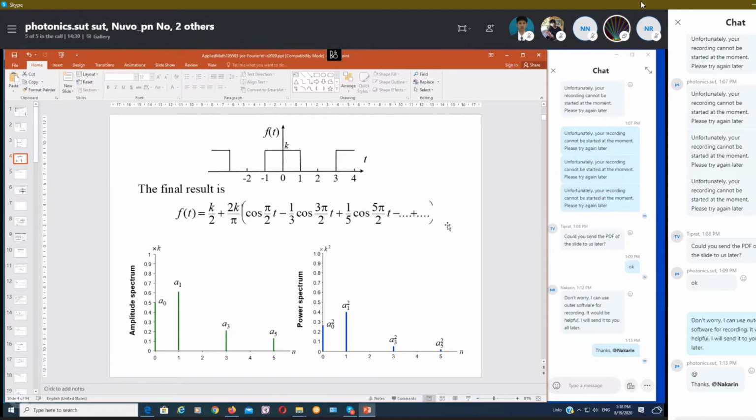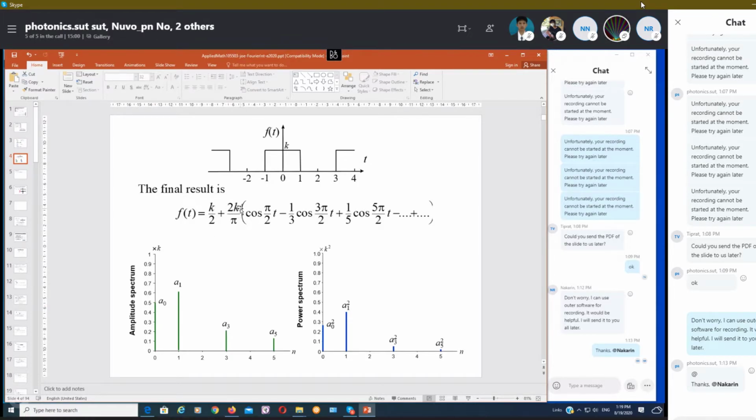When you plot the amplitude spectrum as a function of the coefficient number n, you have A0, which is k over 2.